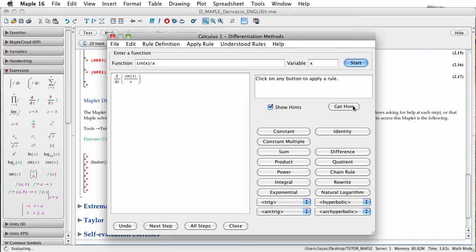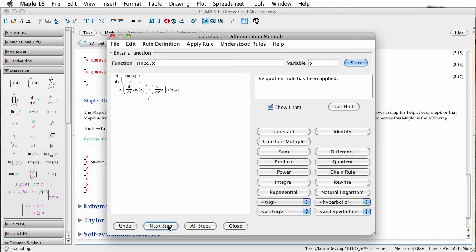Let's start, and if we get help, it says notice the division in the expression, so we have to use the quotient rule, which says that the derivative of a quotient is the derivative of the numerator times the denominator minus the numerator times the derivative of the denominator, divided by the denominator squared. So if we do that, next step, you see the derivative of the numerator times the denominator minus the numerator times the derivative of the denominator, divided by the denominator squared.